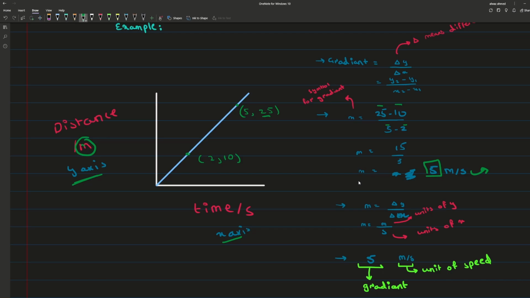So we can put meters in the numerator here, and the x-axis is time, and the unit of time is seconds. So I can put s in the denominator here. Now if we simplify, we can see that this becomes meters per second, and thus if we calculate the gradient of a distance time graph, we get the speed of that object.